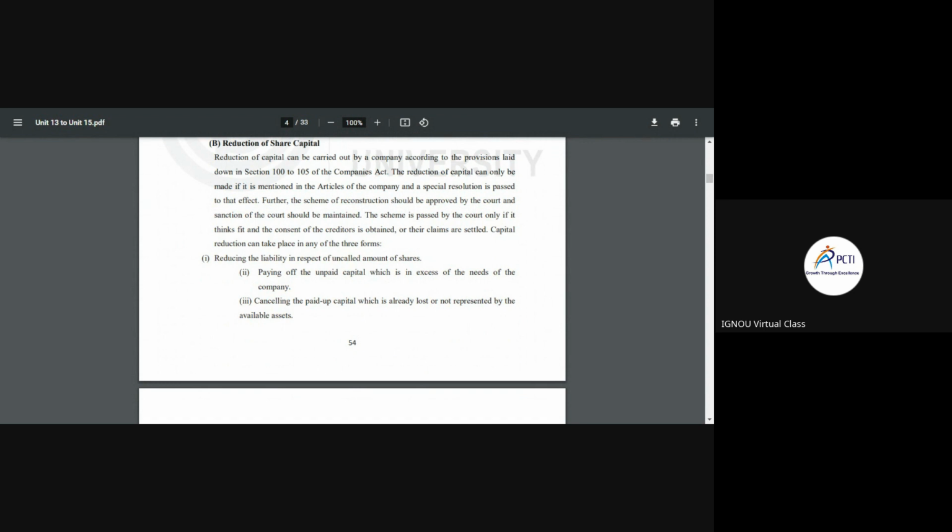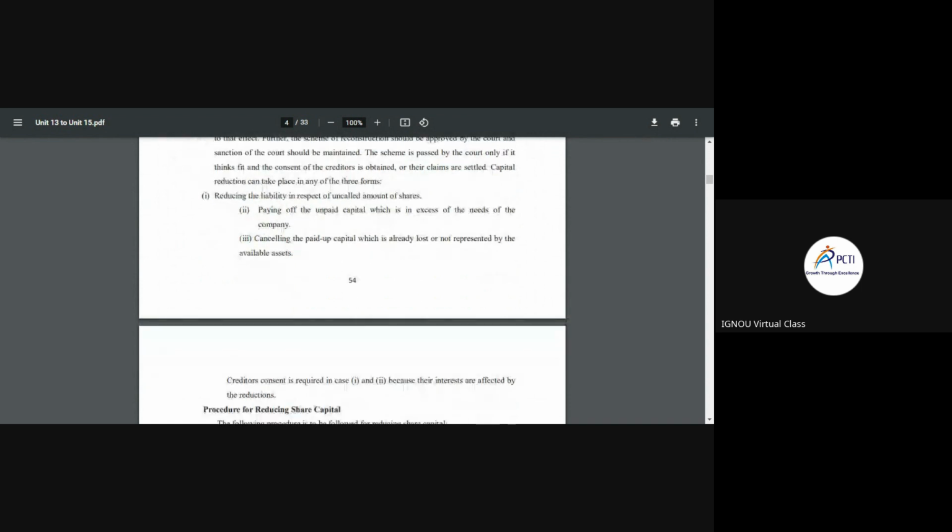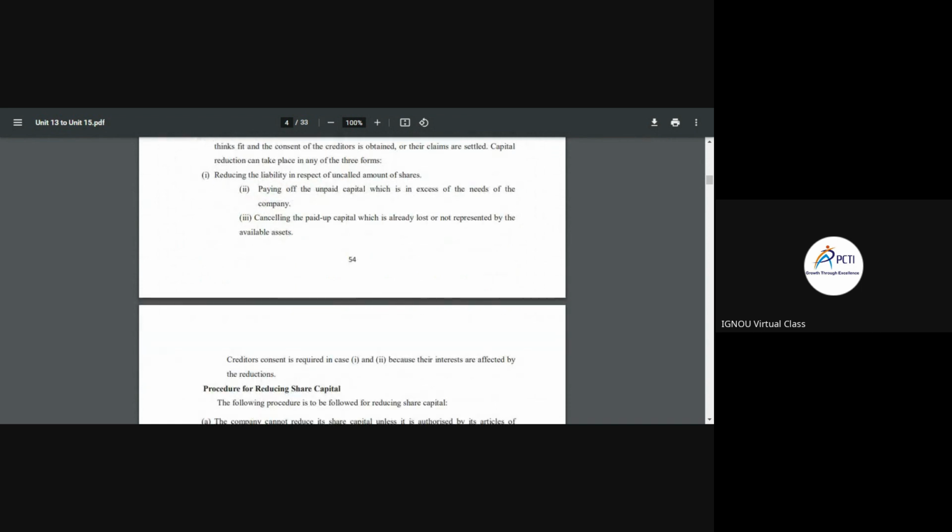The capital reduction can take place in any of three forms. The first form is reducing the liability in respect of the uncalled amount of shares. The second is to pay off the unpaid capital which is in excess of the needs of the company. That means you have unpaid capital which a particular company does not require.